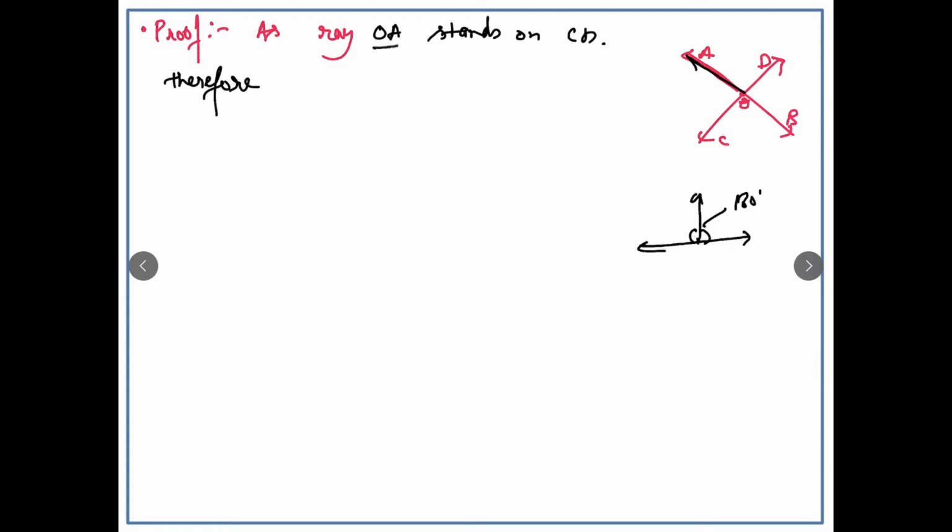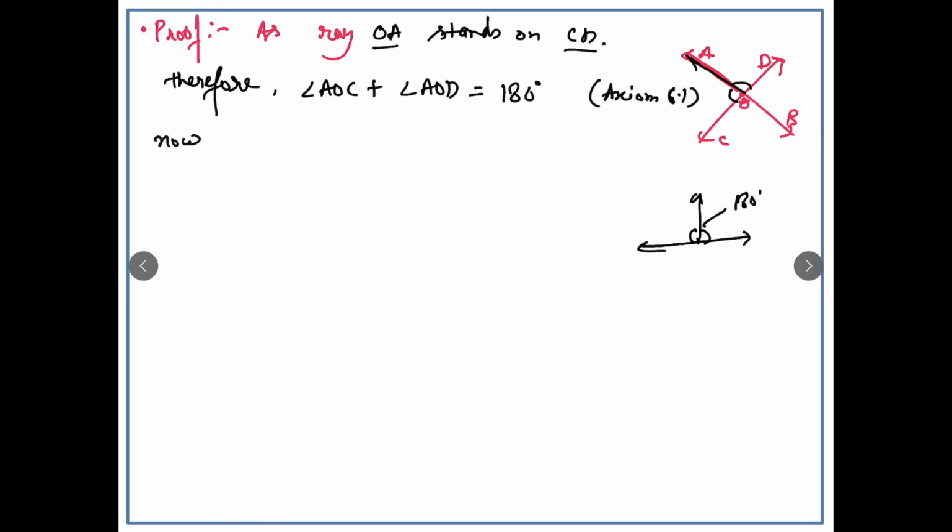Similarly, this ray OA standing over CD will make two adjacent angles and their sum has to be 180 degrees. That means angle AOC plus angle AOD will be equal to 180 degrees. This is by axiom 6.1.